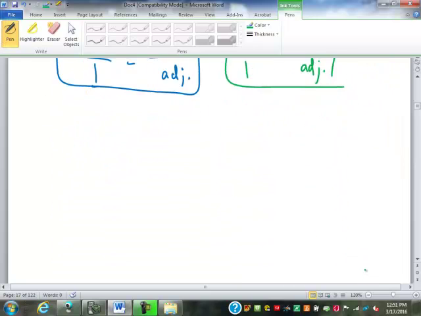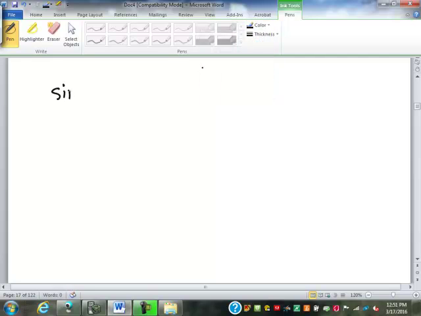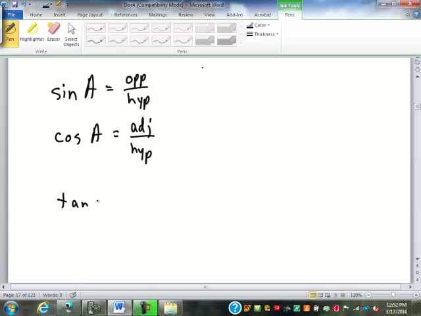So let's look at what we've defined so far. Sine of an angle is opposite over hypotenuse. Cosine of an angle is adjacent over hypotenuse. Tangent of an angle is the length of the opposite side over the length of the adjacent side.